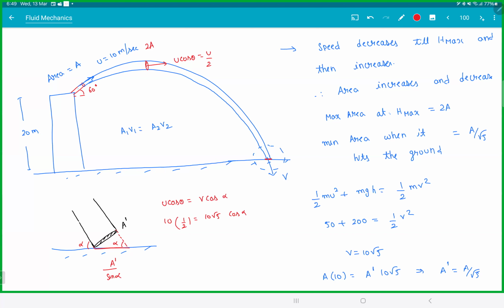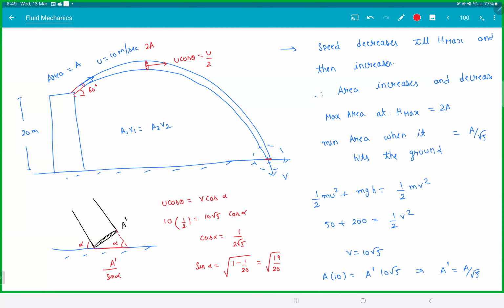Sin alpha, isn't it? So from here we get cos alpha is 1 by 2 root 5. So from there we can find sin alpha. Root over 1 minus this, 1 minus 1 by 20. That's your answer.